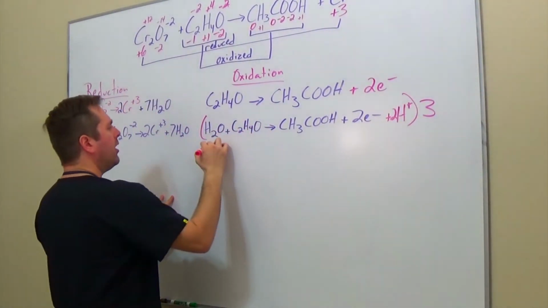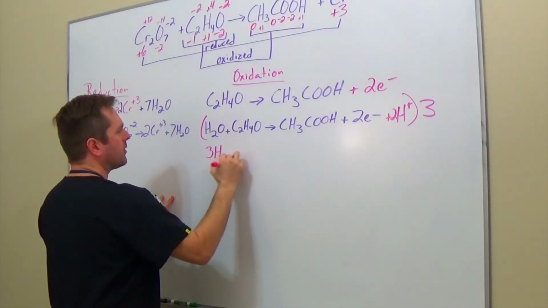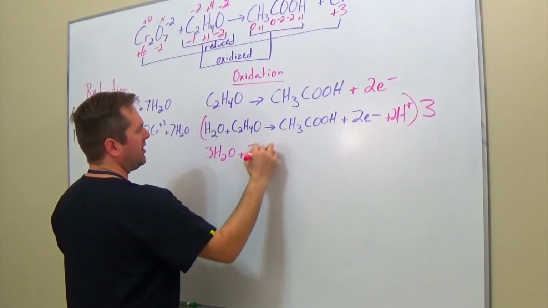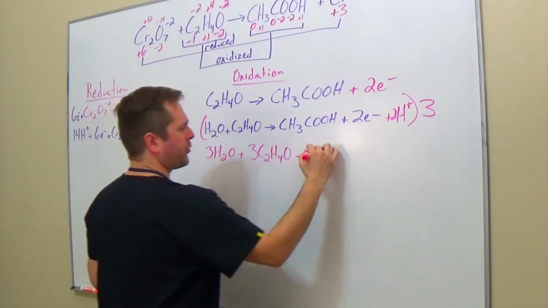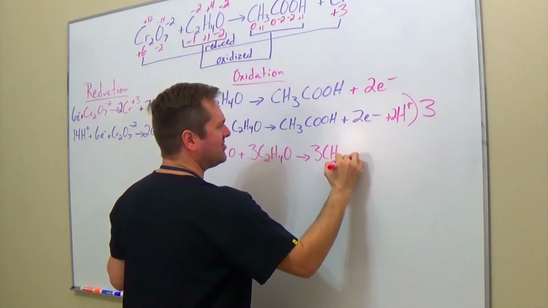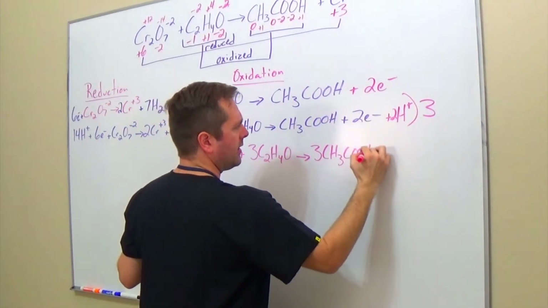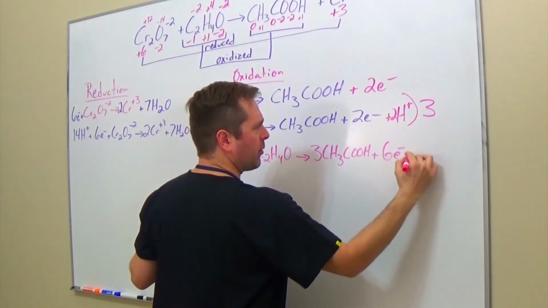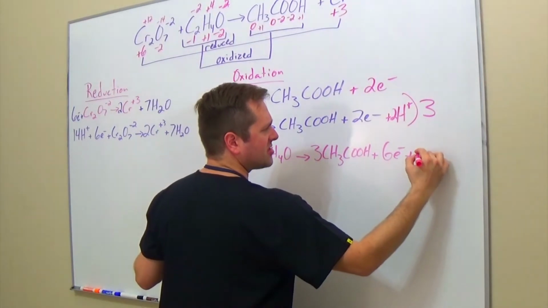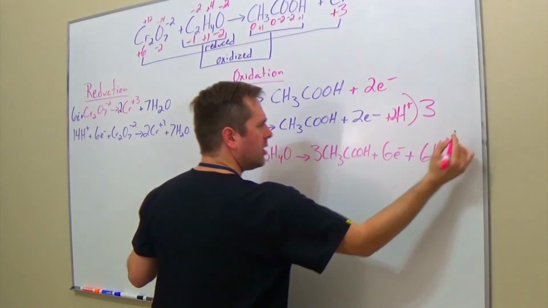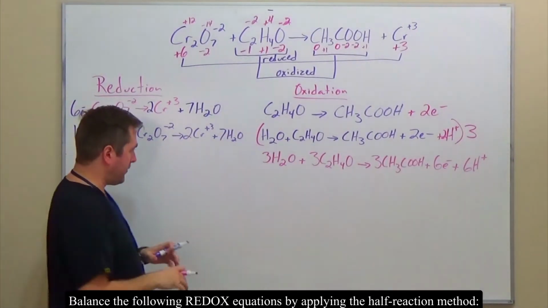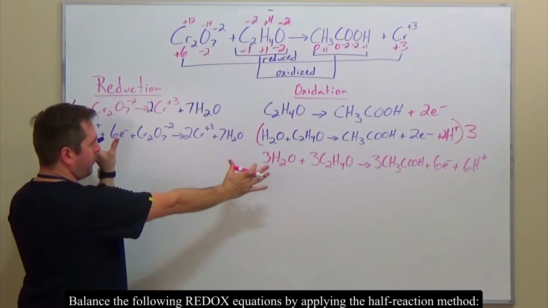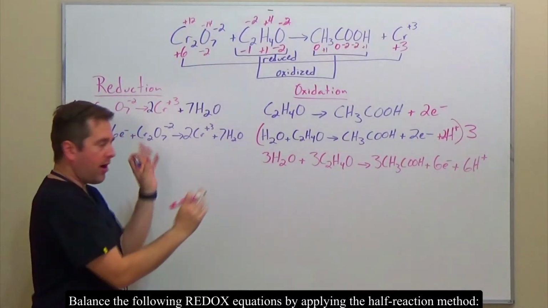So let's go for it. 3 water plus 3 C2H4O yields 3 acetic acids, the 6 electrons that we were after, and 6 hydrogen ions. Okay, cool. And again, for economy of the board, I'm just going to do the next step here with the reactions where they are, okay?